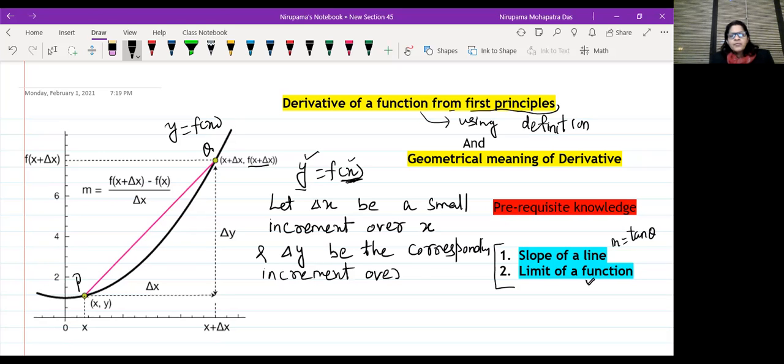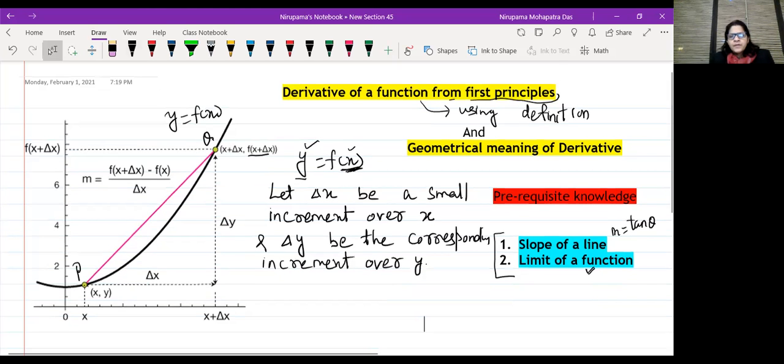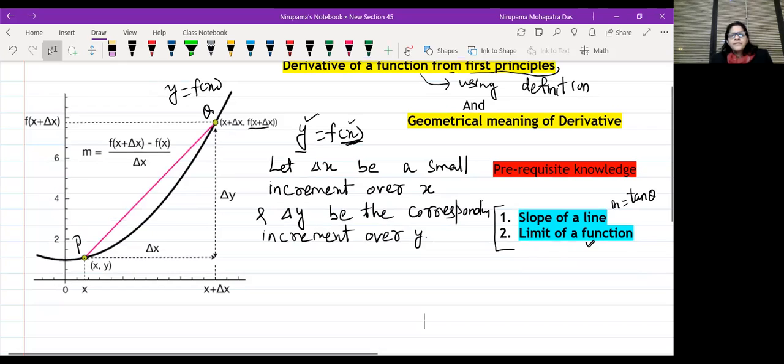So after this change, what will happen? Now y equal to f(x), let it be equation 1. Now delta y is the change over y. After the change, because we are taking increment, y will become y plus delta y, and x becomes x plus delta x.